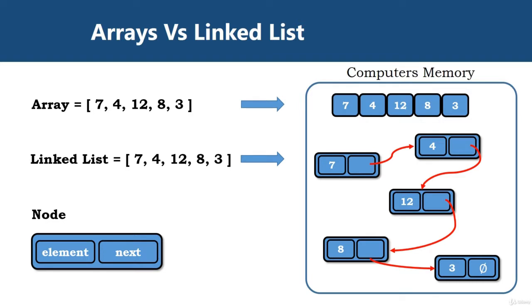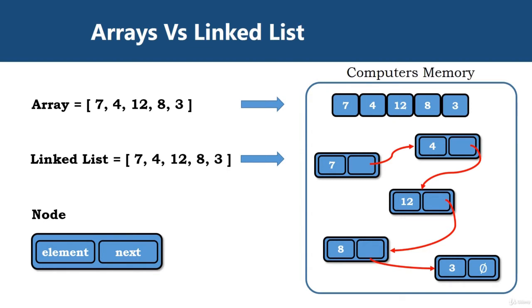So this is how we can increase the size of the linked list as well as efficiently utilize the computer's memory. If you observe, we are allocating memory whenever we need it for the elements, as well as we will be able to remove the nodes by changing the links. So this data structure, that is the linked list, is more flexible than the array.